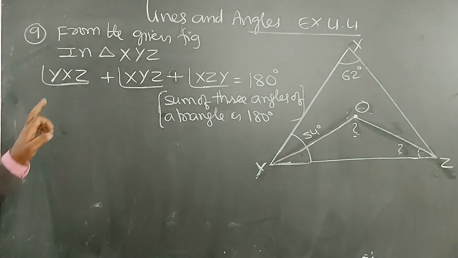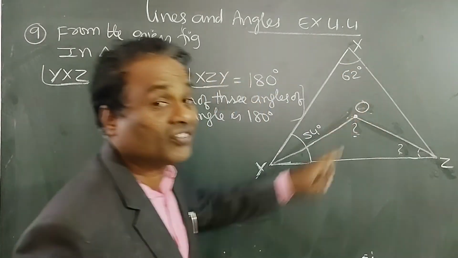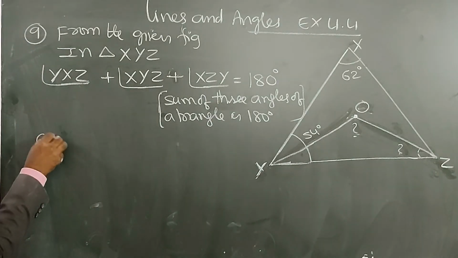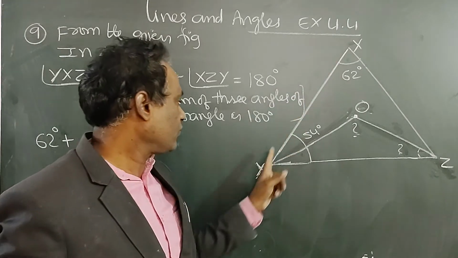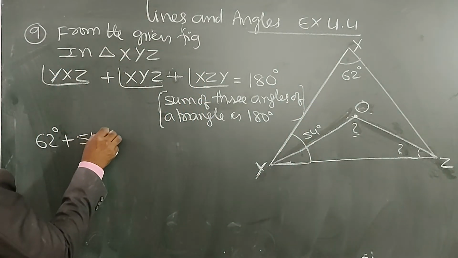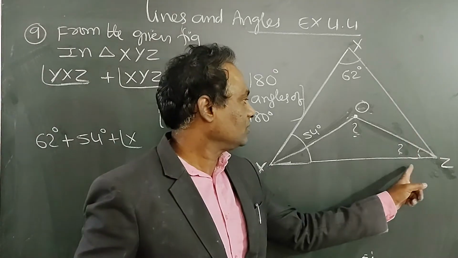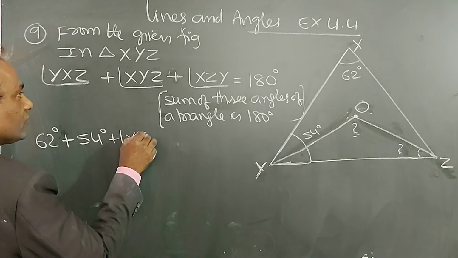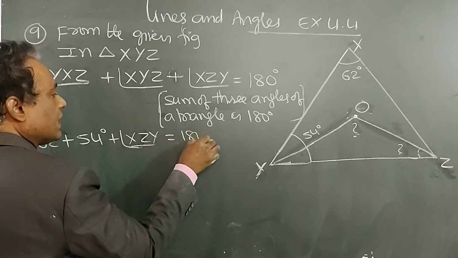That is the reason. Angle YXZ is 62 plus XYZ, which is 54, plus this angle we don't know. This angle, XZY, is equal to 180 degrees.